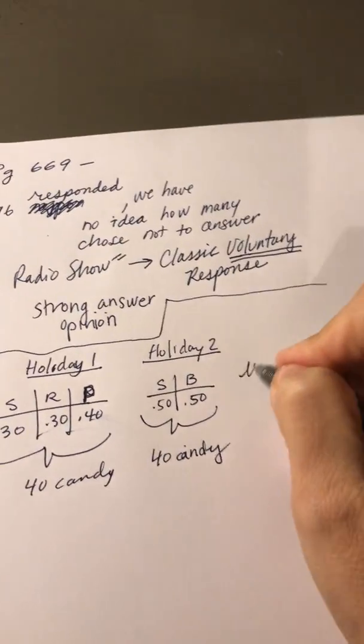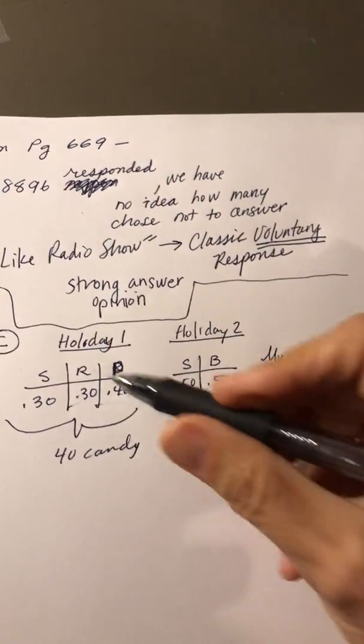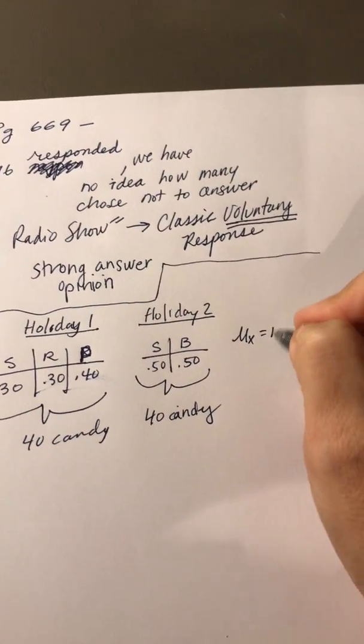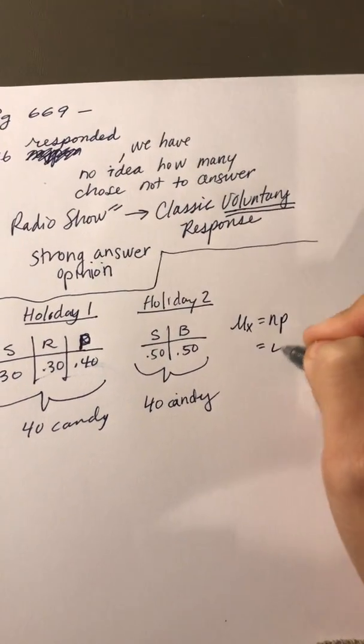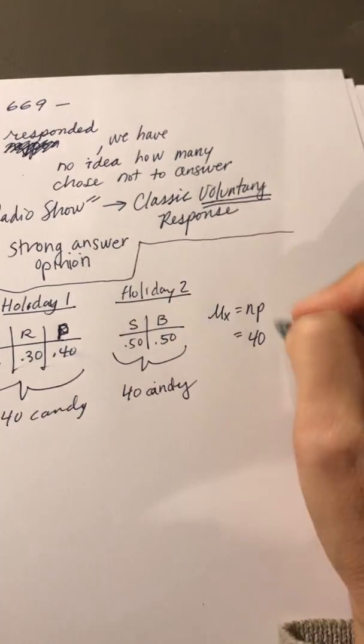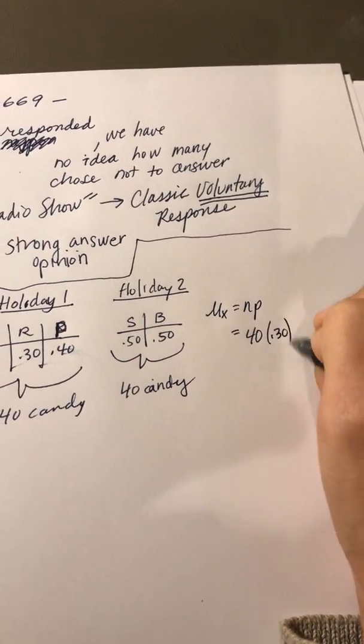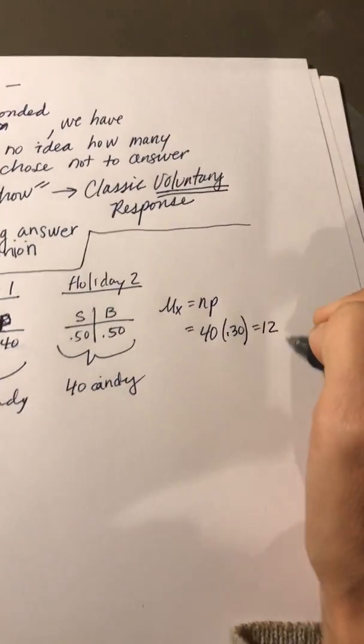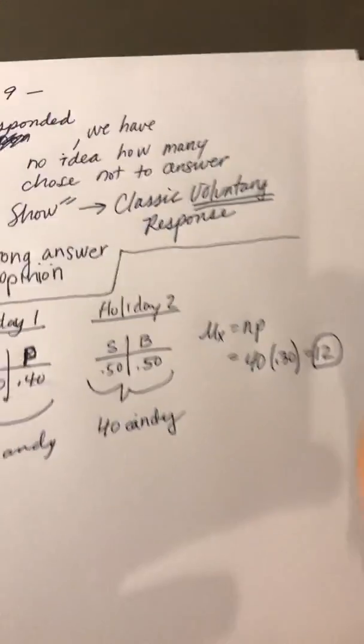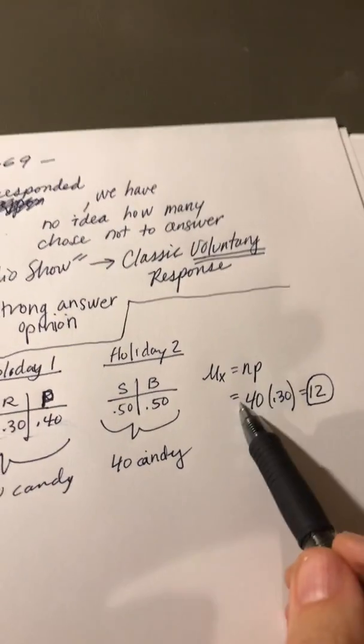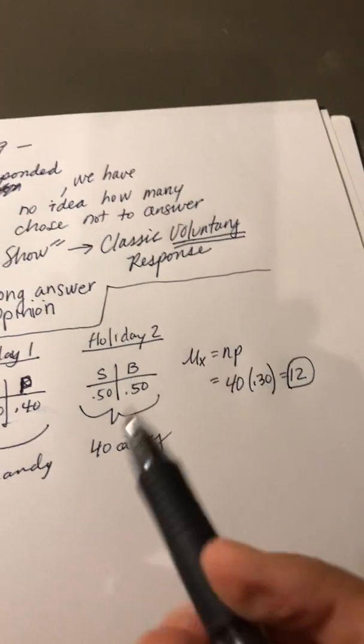So the expected value of silver would be n times p, and so the number of candies is 40, and the proportion that are silver is 0.30, and that's 12. And we could kind of think of that logically. We could think 30% of 40 is 12. Of means multiply.